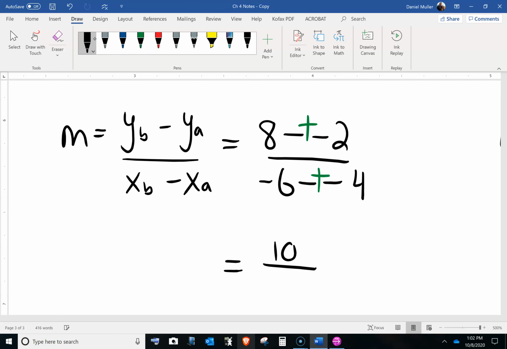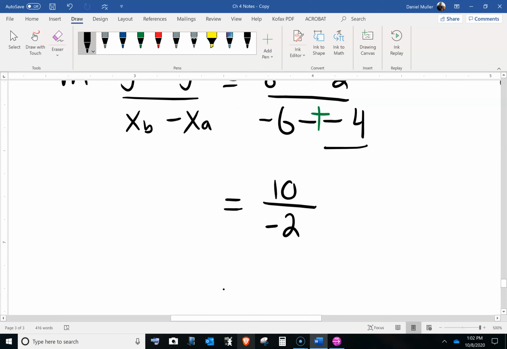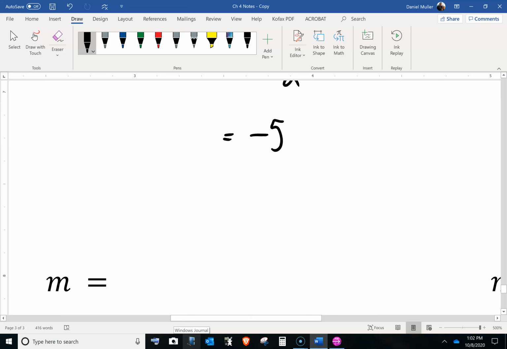And then this 6 is negative, and the 4 is positive. So the 6 is going to win. There's more of those, and there's 2 more. So negative 6 plus 4 is negative 2. Now 10 over 2 is 5, and there's one negative symbol, so the answer would be negative 5. So our steepness is negative 5.